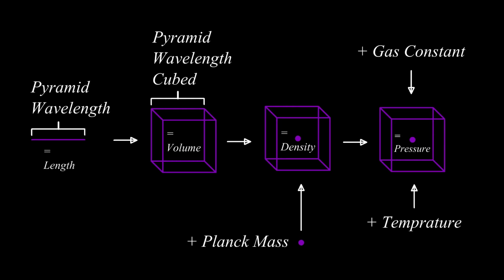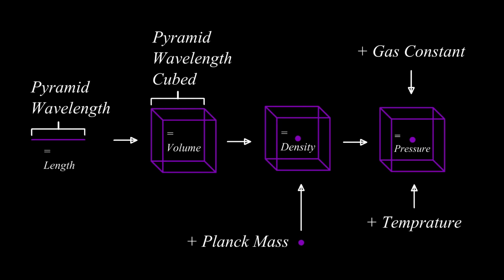Looking at this chart, we start from the left. It says pyramid wavelength, which represents length. Say we start with a length or a pyramid wavelength, it could be any length in this example, that must be converted to volume.